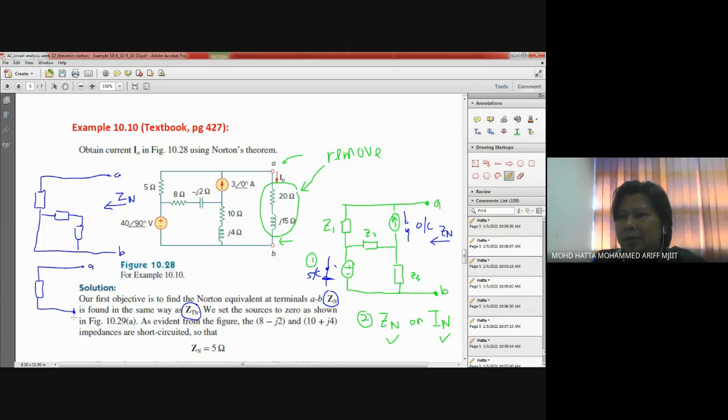This is A and this is B. This is Z1, Z2, and this is Z3.